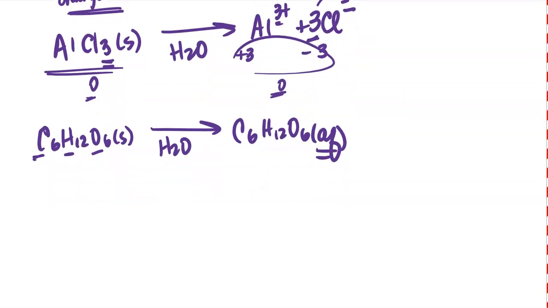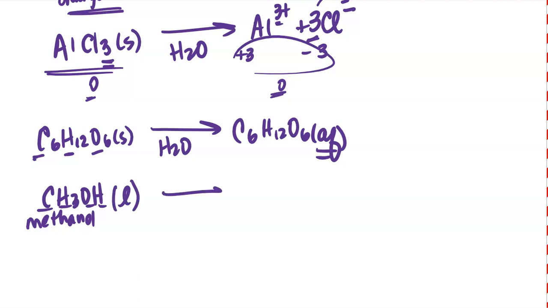I'll give you another example of a covalent compound. This compound right here is methanol. Again, notice there are no metals present within the formula, and so it's more than likely that this is a covalent compound, and methanol is a liquid at room temperature, a pure liquid.